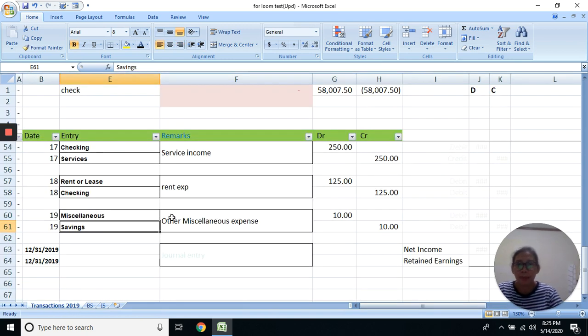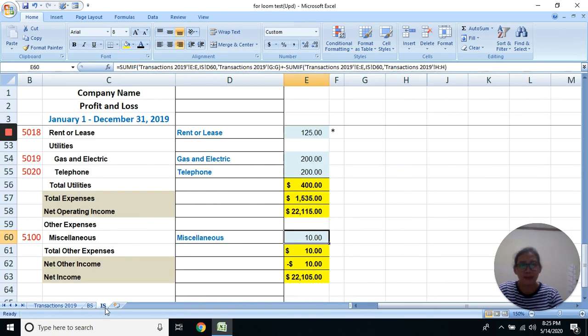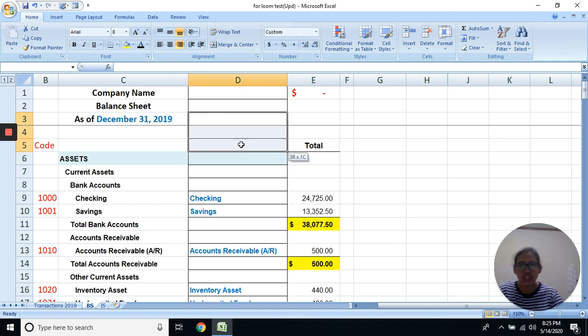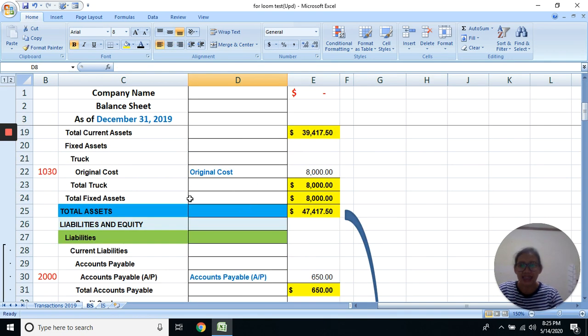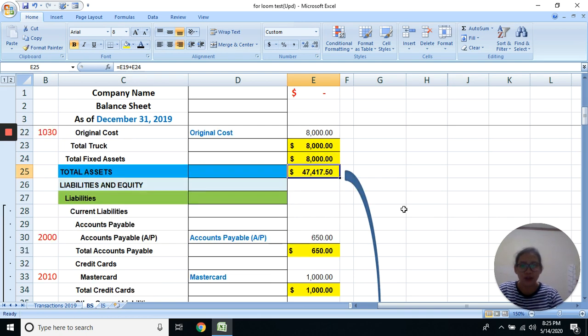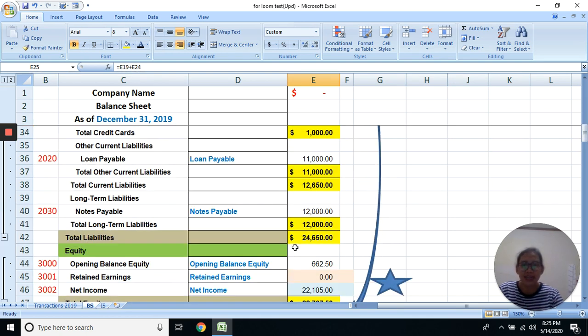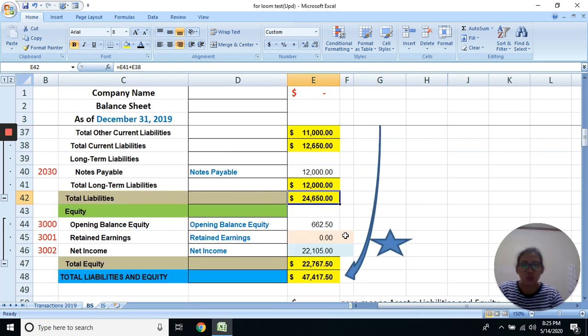So that's it. So we will check our balance sheet and our income statement. So on our balance sheet, our total asset amounts to 47,417.50. Our total liabilities amounting to 24,650.